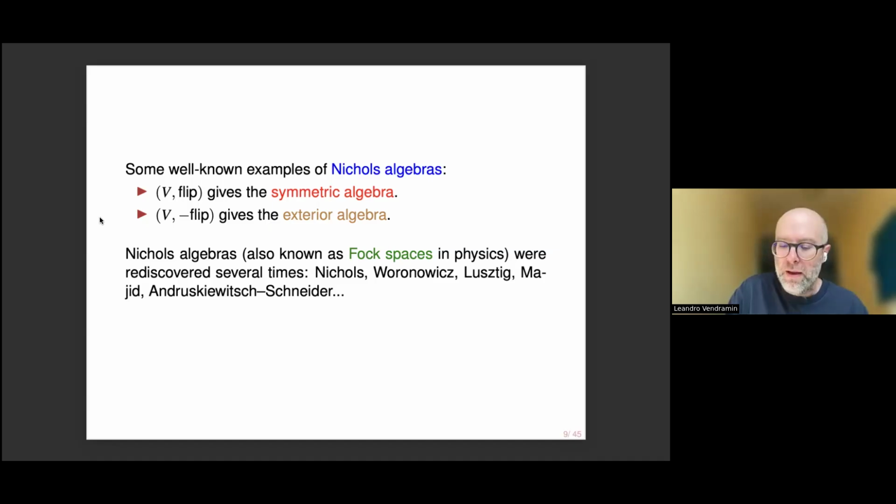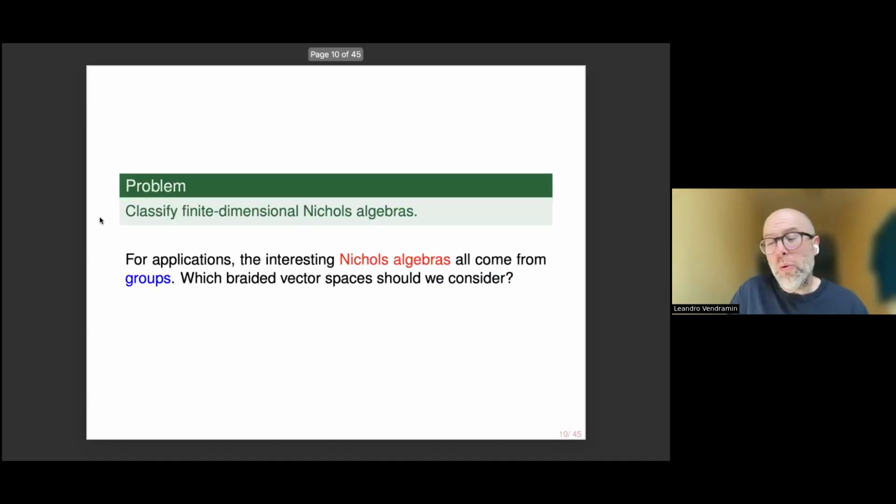So the problem I want to discuss is the classification of finite dimensional Nichols algebras. And why do I want to do this? Because this has a very important application in the theory of quantum groups or in the theory of more general Hopf algebras.